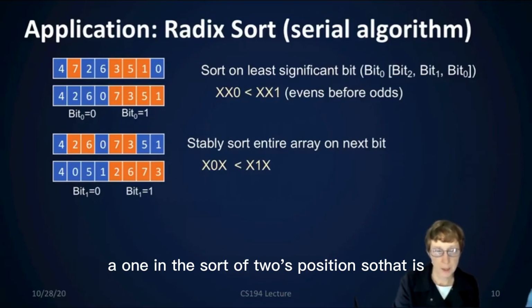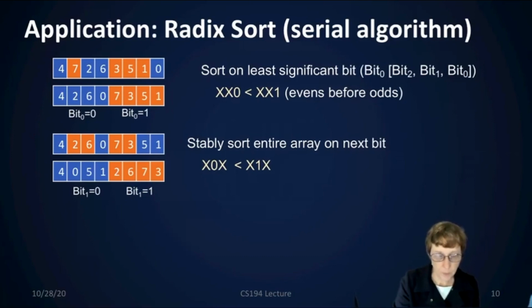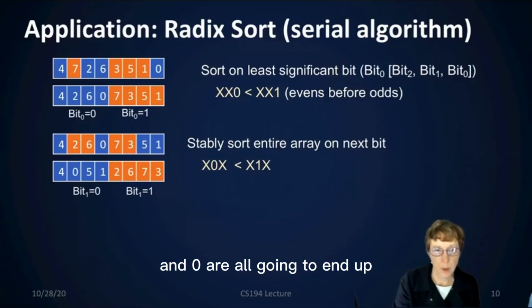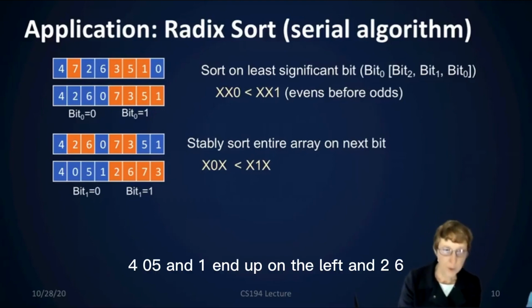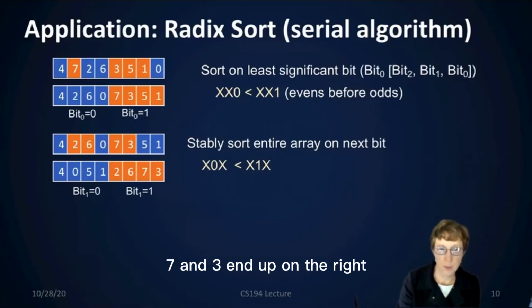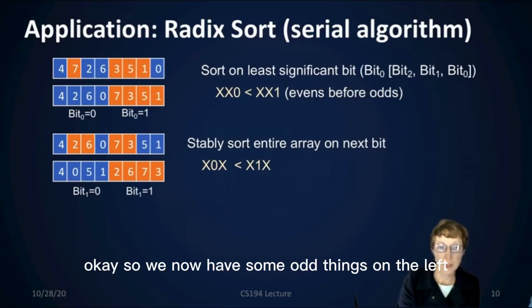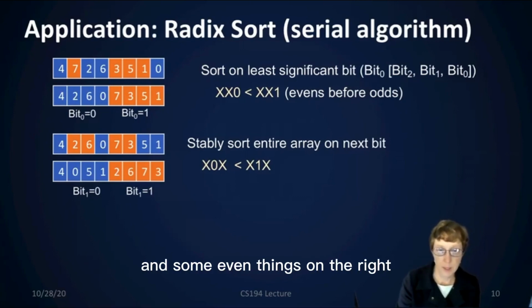So 4, 0, 5, and 1 end up on the left, and 2, 6, 7, and 3 end up on the right. Now we have some odd things on the left and some even things on the right.